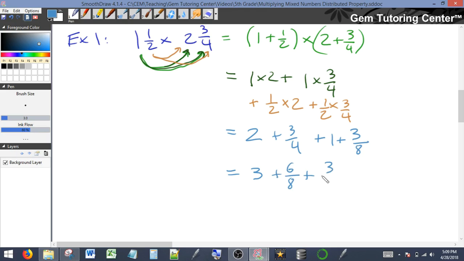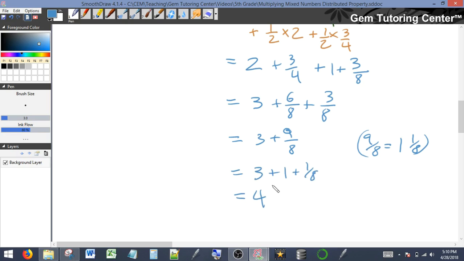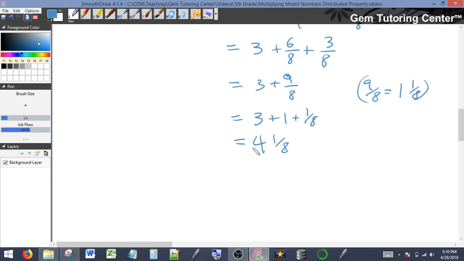And this is 3/8. So that's going to be 3 plus 9/8. And 9/8 is actually equal to 1 and 1/8. This is a little fact here. So this is equal to 3 plus 1 plus 1/8. So the answer is 4 and 1/8.